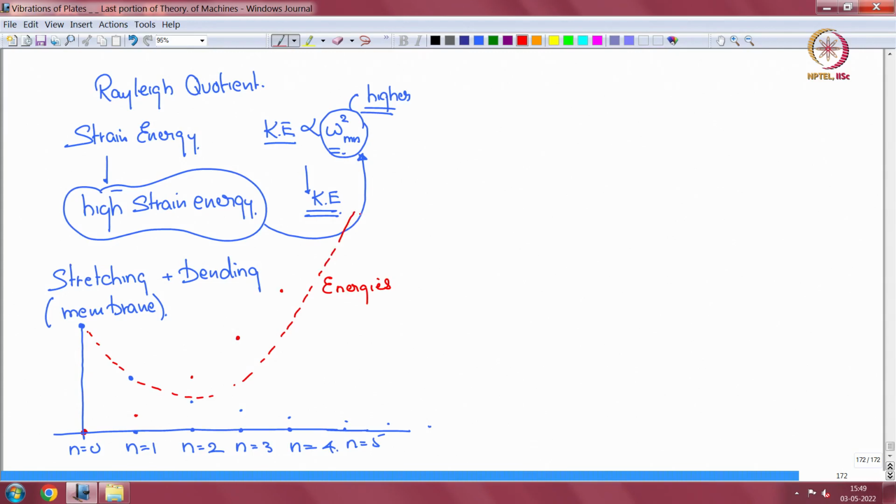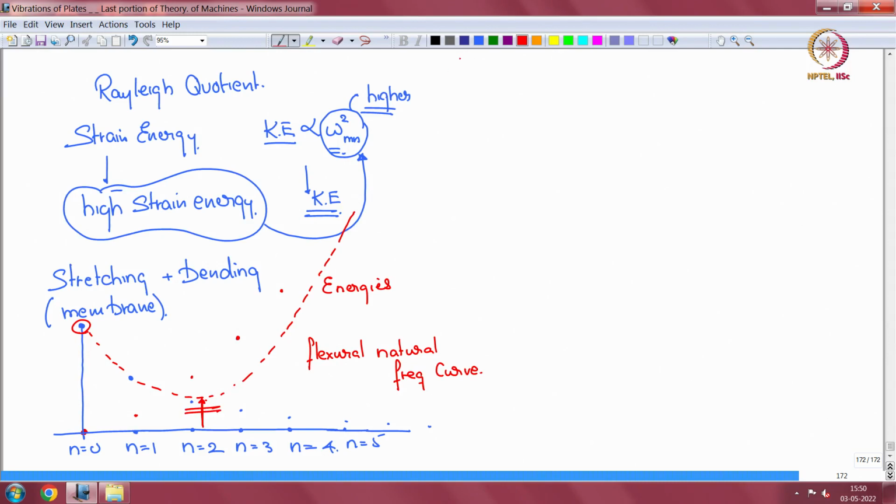The flexural natural frequency curves have this dip in the natural frequency. So the n equal to 0 will start off higher, there will be some n which will be low, and then it starts to rise again.